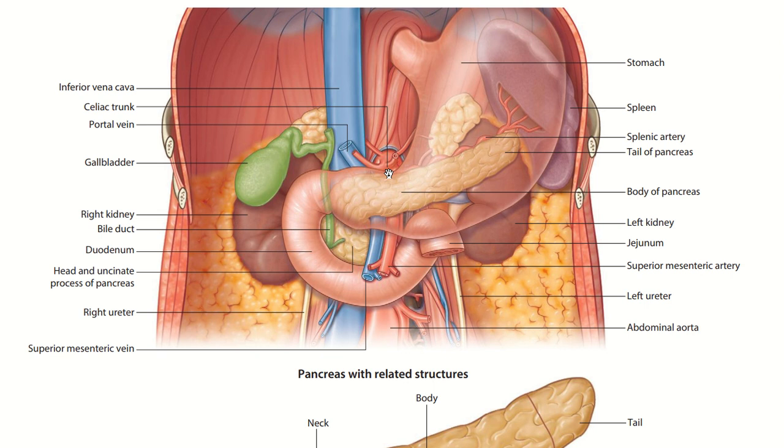So this is going to be the posterior relations, right? We also have the abdominal aorta being posterior to the pancreas. As you can see, you can actually see this liver being posterior to the pancreas. And some part of the suprarenal gland is also posterior to the pancreas. You understand? Good.